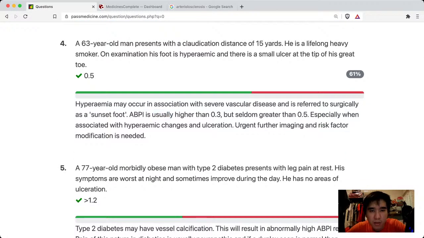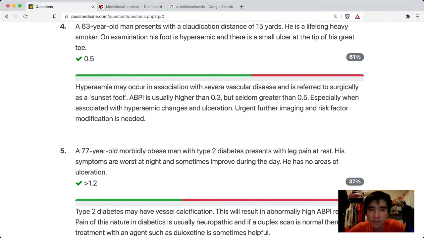Hyperemia may occur in association with severe vascular disease and is referred to surgically as a sunset foot. ABPI is usually higher than 0.3, but seldom greater than 0.5, especially when associated with hyperemic changes and ulceration. Urgent further imaging and risk factor modification is needed.